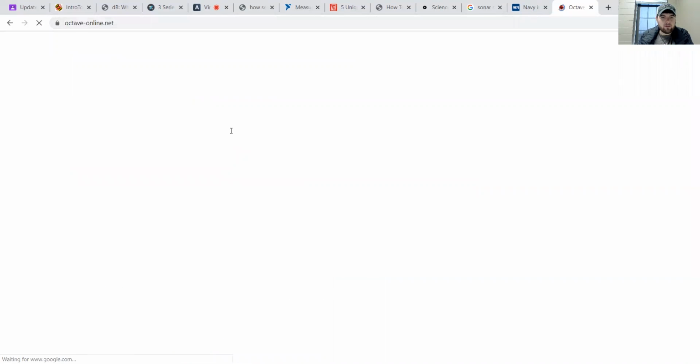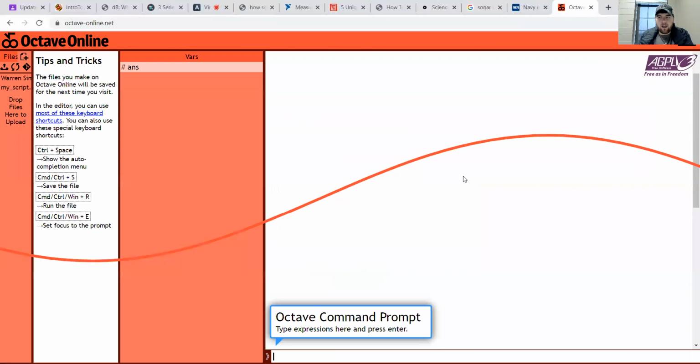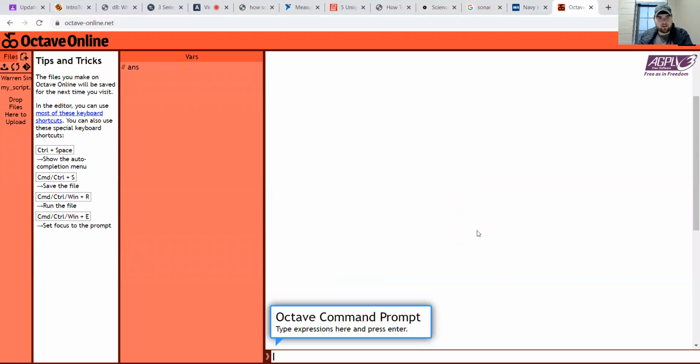I'll hop over here real quick and just give you a view. This is Octave, very much just like the layout of MATLAB. It just doesn't have as many capabilities or, realistically, as many bells and whistles. It's kind of like a watered down version of MATLAB, but it's still extremely useful.